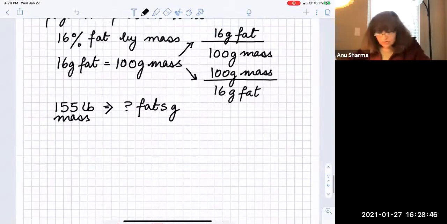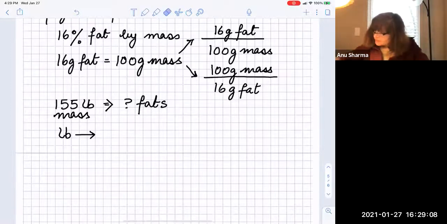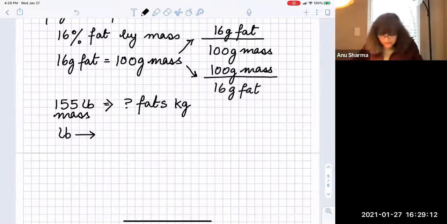But the only thing that is not flexible is that we need to convert the pounds to kilograms and then go from there.